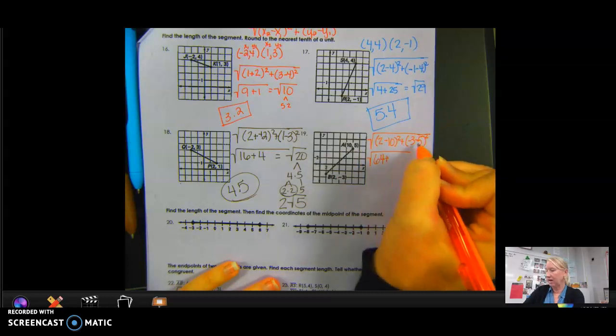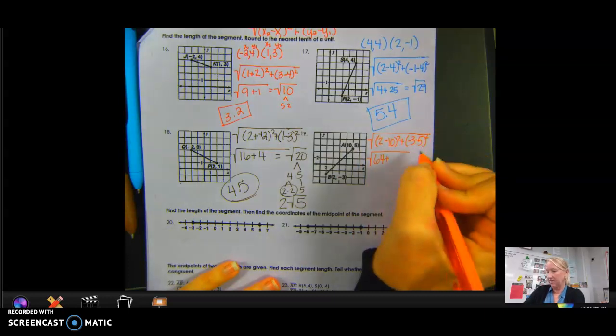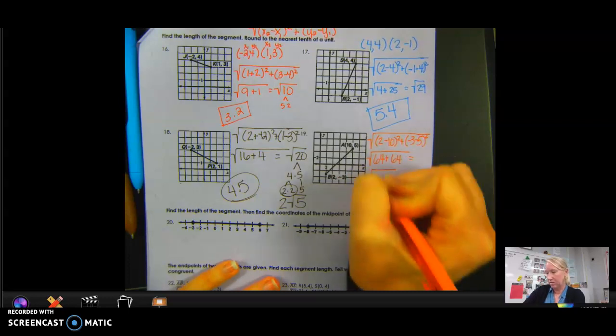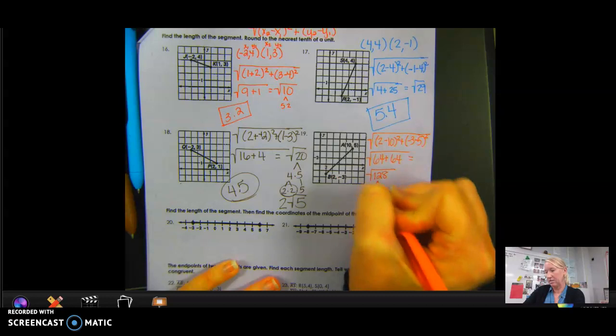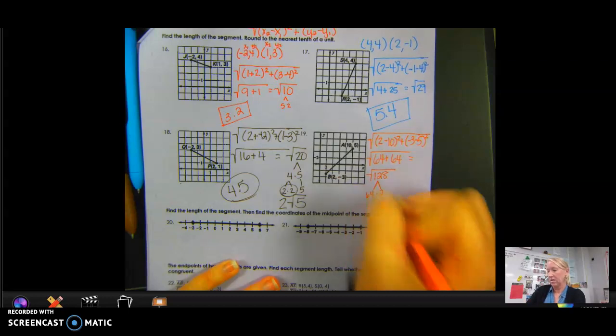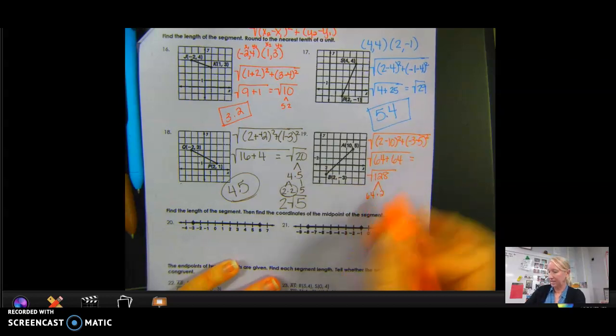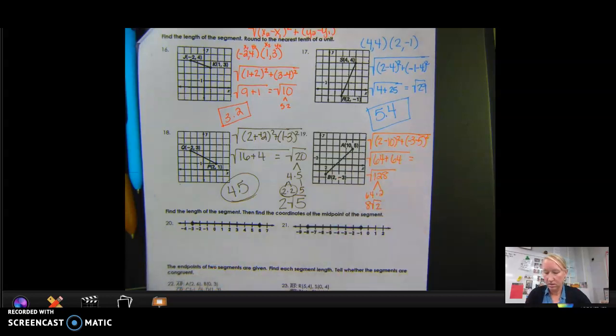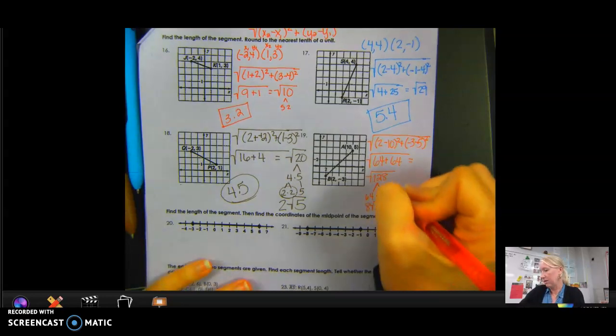Negative 3 minus 5 is negative 8 again. Negative 8 squared is positive 64 again. So that's the square root of 128. This breaks down into 64 times 2. Square root of 64 is 8, so it would be 8 square roots of 2. Or the square root of 128 is 11.3.